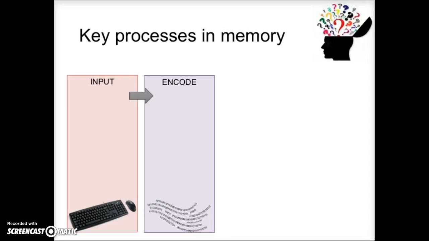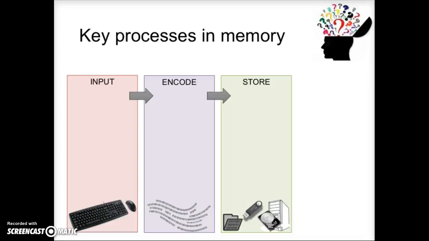It's going to convert what you're typing on the keyboard into binary code, which is a code the computer is capable of reading, understanding, and recording. Binary code is zeros and ones. So first, the computer inputs, then it encodes, and once you've gotten your paper typed, you typically store it.